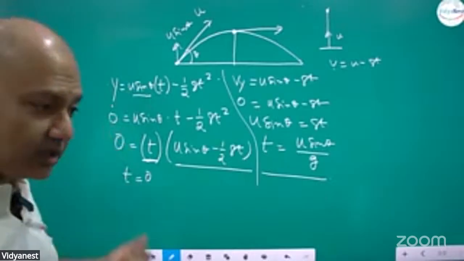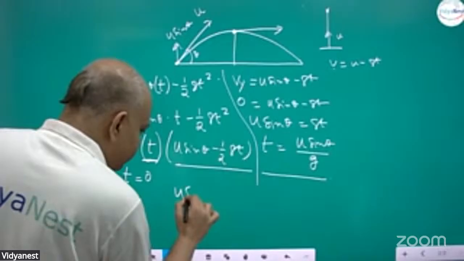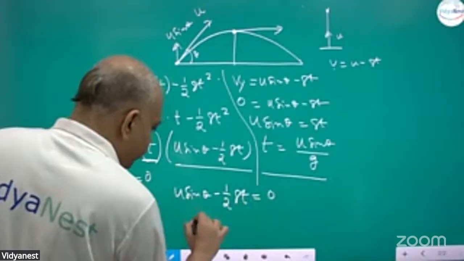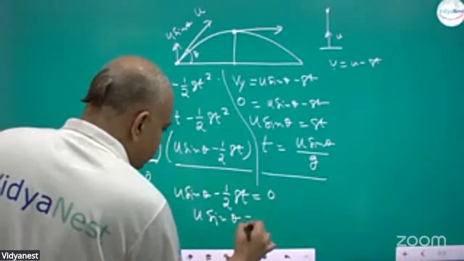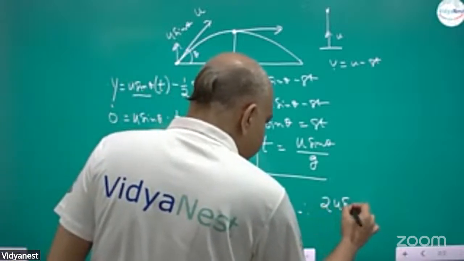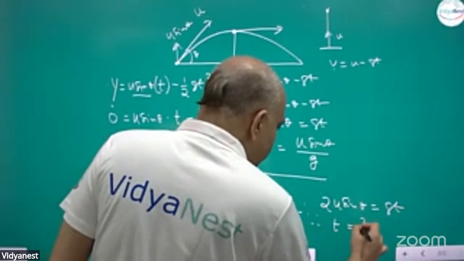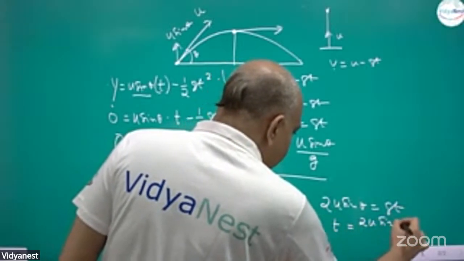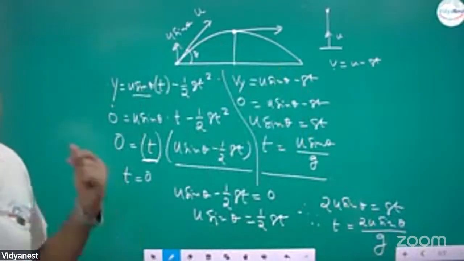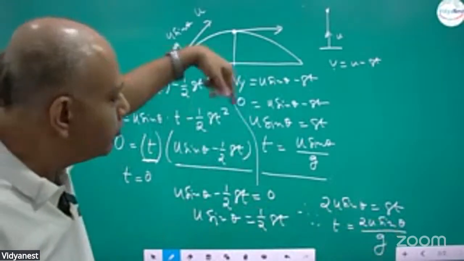Yes, sir. So therefore, for the next part, u sine theta minus half gt is equal to 0. We can write u sine theta is equal to half gt. Therefore, 2u sine theta is equal to gt. Therefore, the time is equal to 2u sine theta by g. So what is this time?